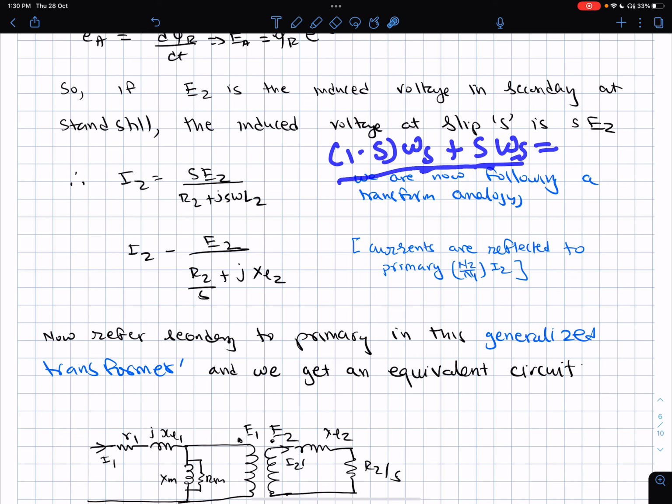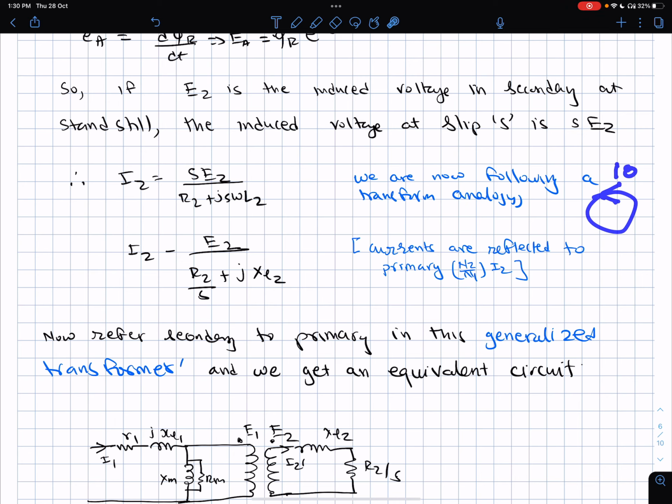For an observer sitting on the stator, he is going to see a rotating MMF wave at omega s. It's like this: suppose you are sitting outside and there is a spinner spinning at, let's say, 10 revolutions per second, and then you start running on it at 5 revolutions per second.